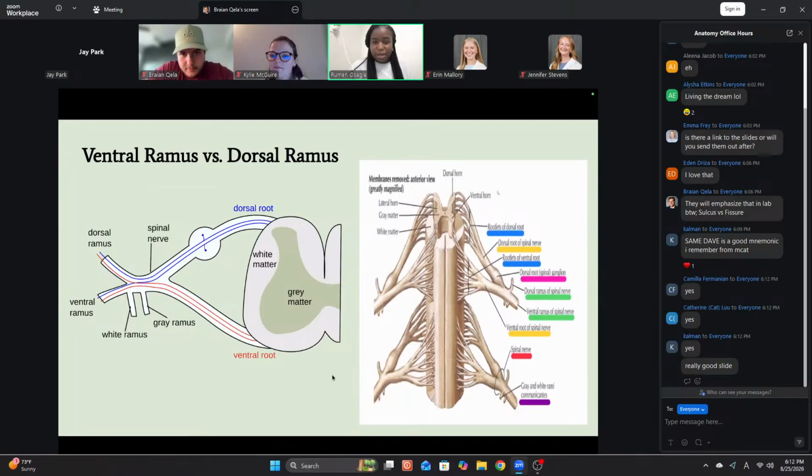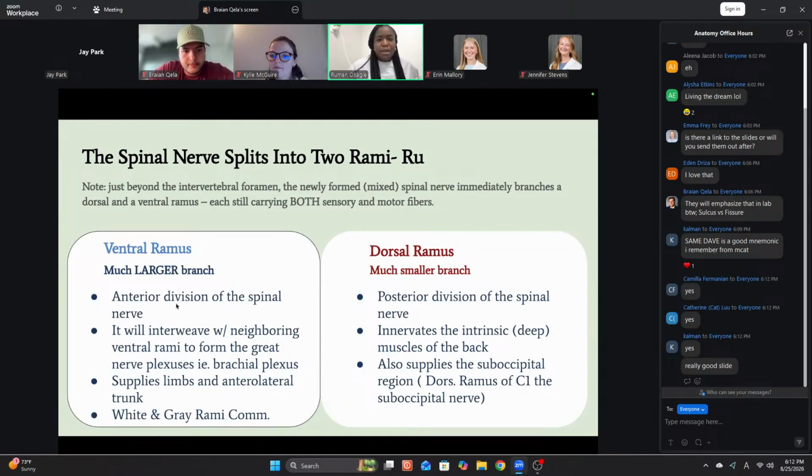All right. Moving on. Okay, so if none of that made sense, I have it all written out for you. Just beyond the intervertebral foramen, the newly formed mixed spinal nerve immediately branches into a dorsal ramus and a really big ventral ramus, each still carrying sensory and motor fibers.